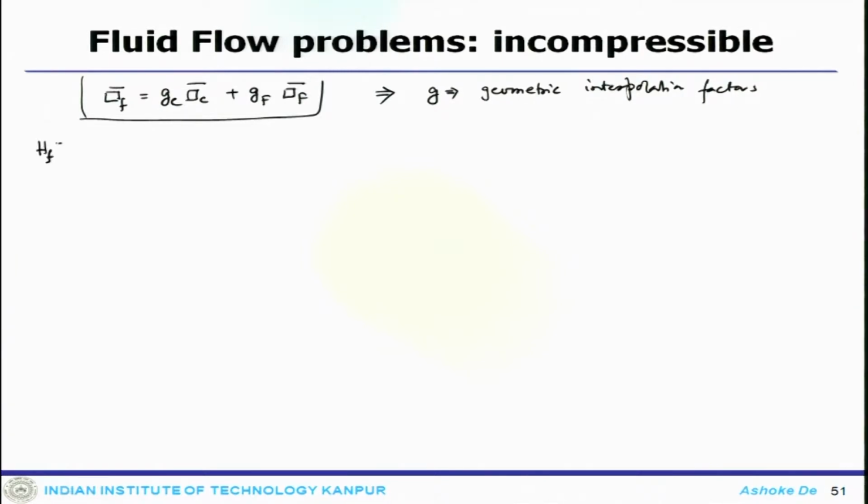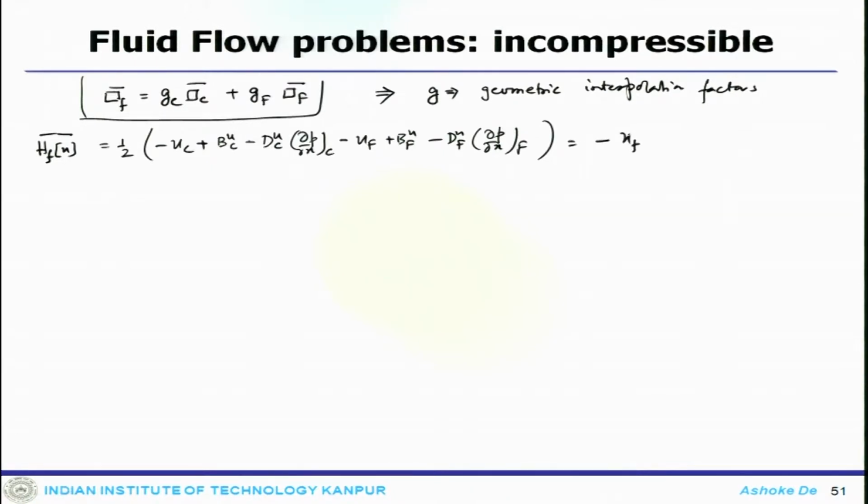Now, we can rewrite H_f^U, which is half of minus U_C plus B_C^U minus D_C^U del P by del x at C, minus U_F, B_F^U minus D_F^U del P by del x at F, which is minus U_F prime, D_F prime del P by del x at F prime plus B_F^U.